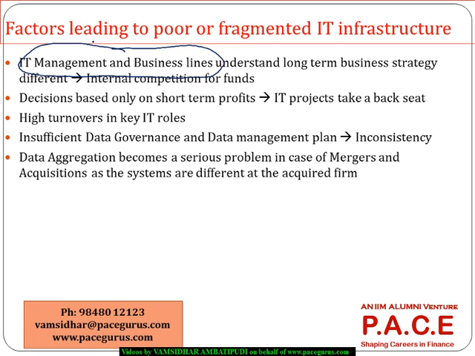So generally we find that the understanding levels are not common between the two. So there will always be a fight for funds. The line managers may not agree to give more funds to the IT department because it is viewed as a support department. So for fund allocations and all these aspects, we see a serious fight between the IT management and the business lines.